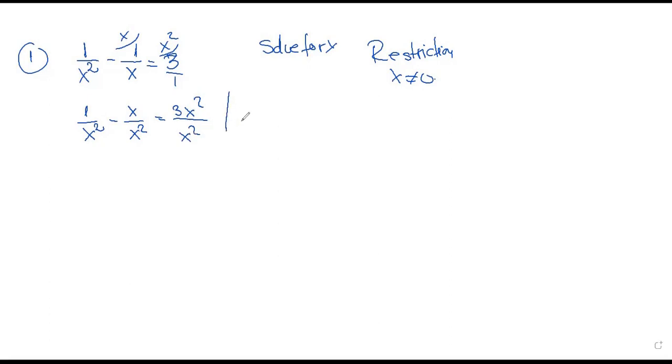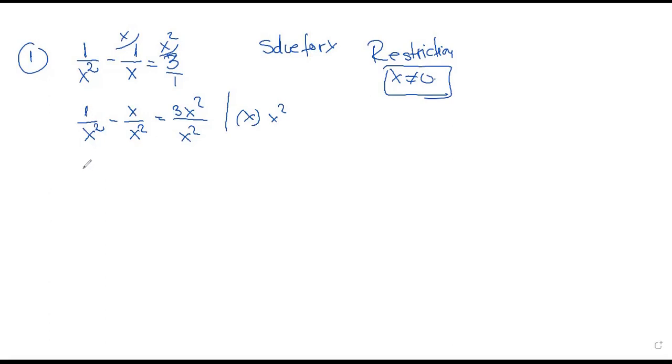Then we multiply by x squared, so we eliminate the denominator. x being different from 0, we already stated the restriction. So then it becomes x squared.